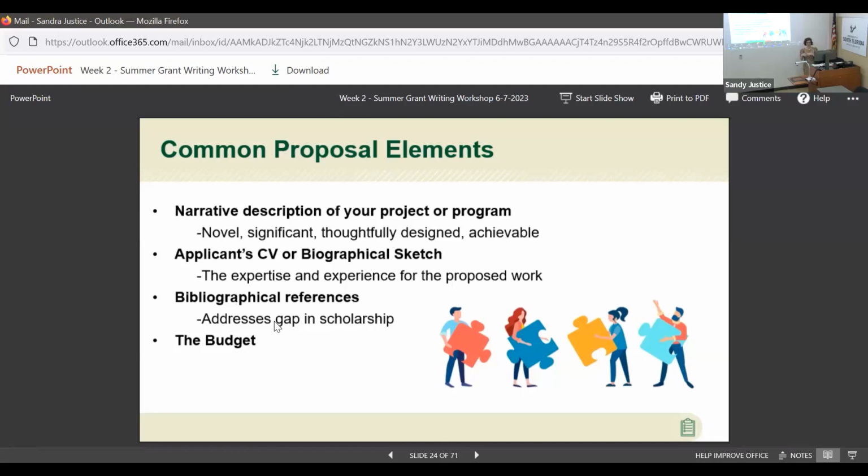If the latter, and only minority serving institutions may apply, then you can sub to a non-minority serving institution, but that lead needs to be an MSI. When the subrecipient is an HBCU, they are still going to be an HBCU on that sub. It doesn't change their type.